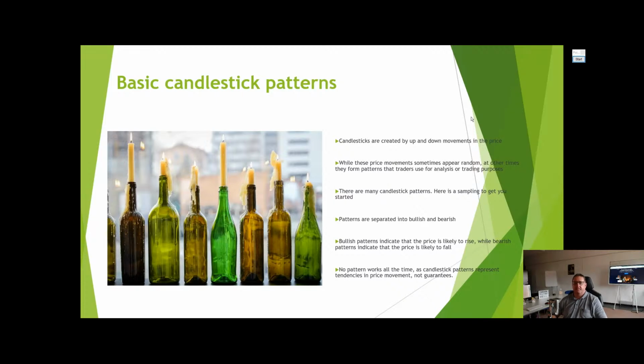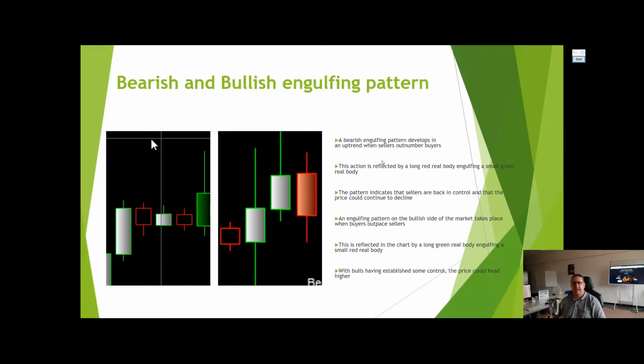For example, I show you two things. Bullish patterns indicate that the price is likely to rise. Bearish patterns indicate that the price is likely to fall. But there is no guarantee, there's only probability. For example, a bearish engulfing pattern develops in an uptrend when sellers outnumber the buyers.